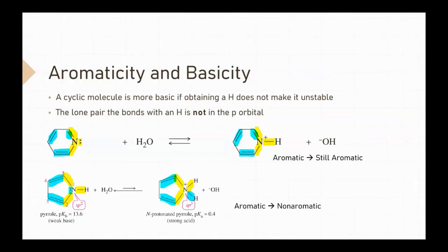Because these lone pairs are in the p orbital, if we remove them from the resonance, we have a non-aromatic ring, because now this is sp3. So we're taking away from that resonance, meaning we're making it less stable. So this one is not likely to happen, so it's not basic.